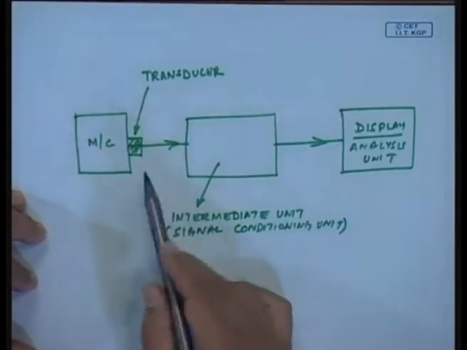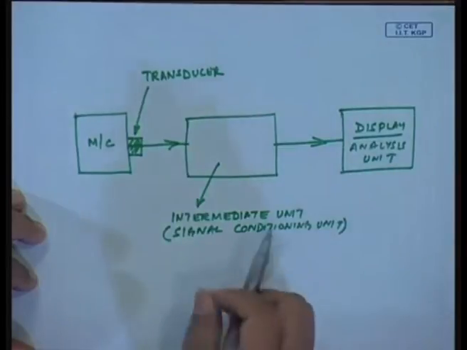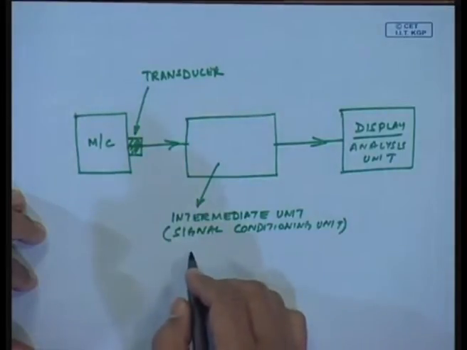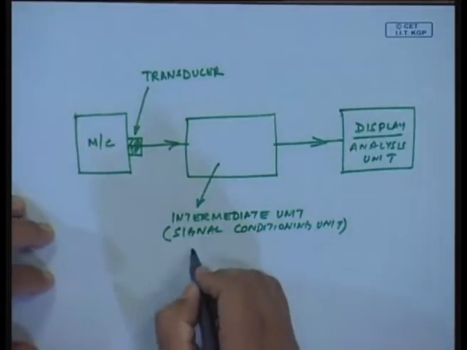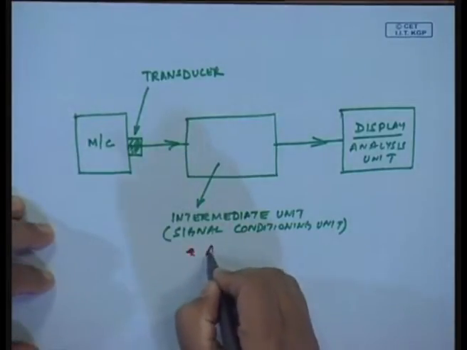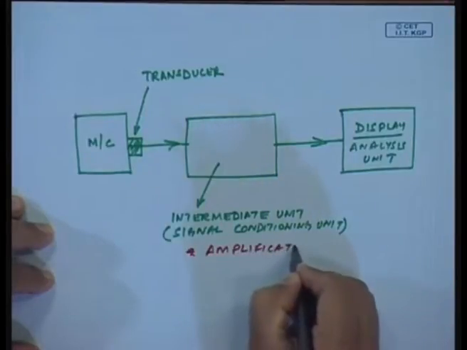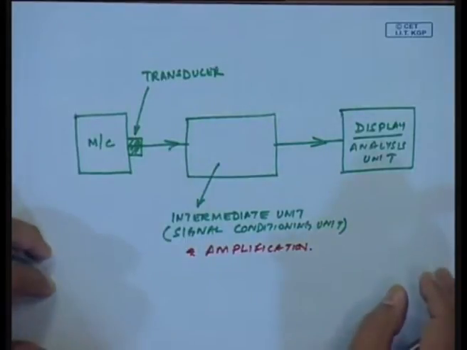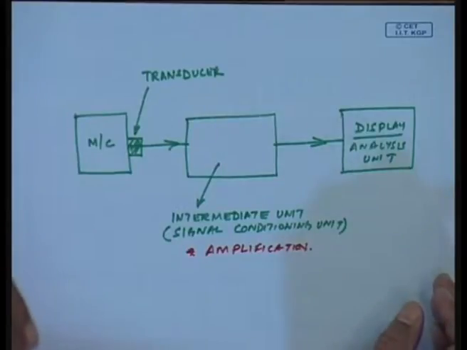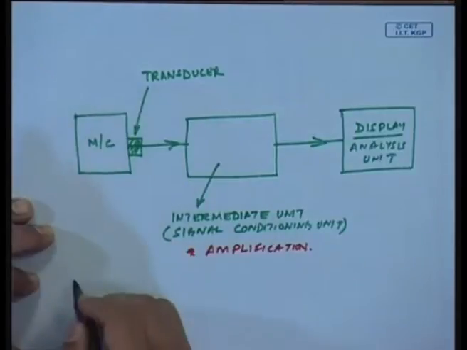So, depending on this transducer output, my signal conditioning element could be many. I have listed a few of them in the slide. One is definitely, sometimes an amplification is required. I will give you an example of an amplification which is used mostly in condition based maintenance. For example, we are using a thermocouple.